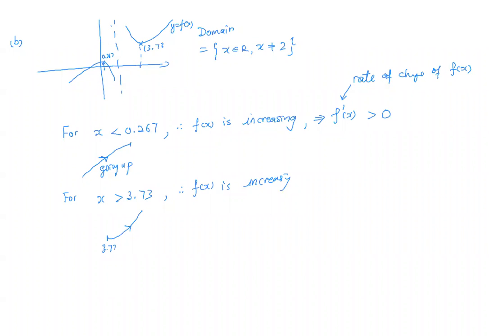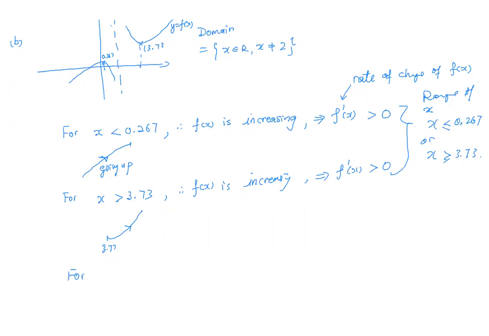So if the question asks for f(x) is increasing, what should my answer be? My range of x will be x is less than 0.267 or x is greater than 3.73. Can be equal. Am I right?